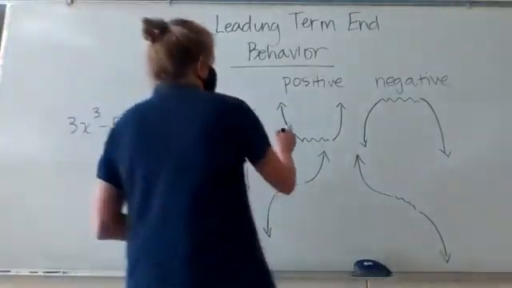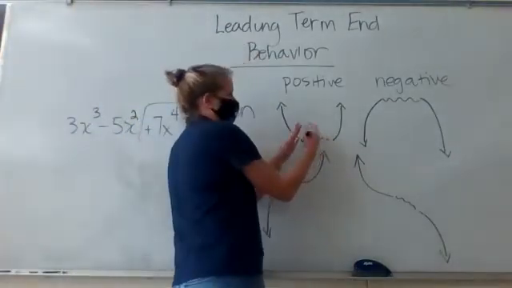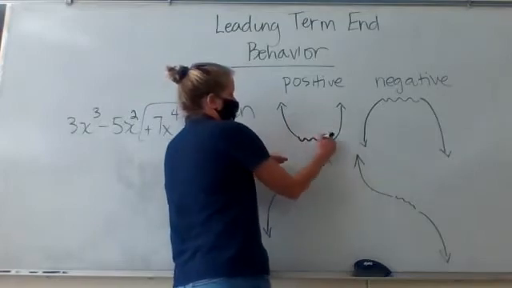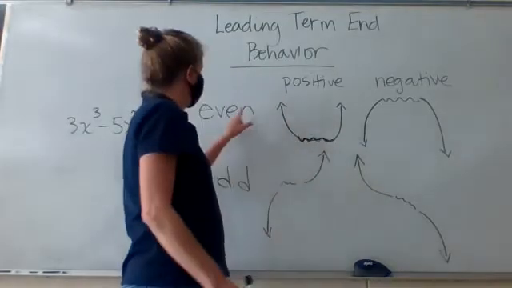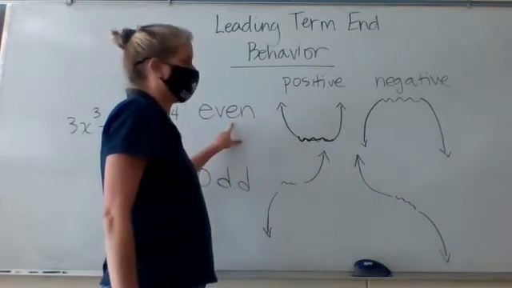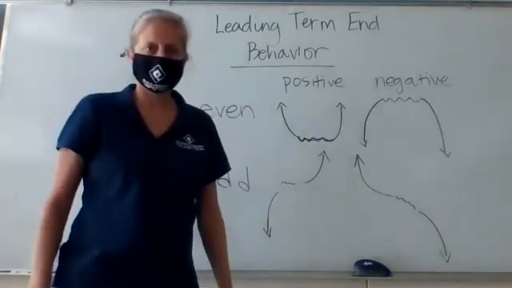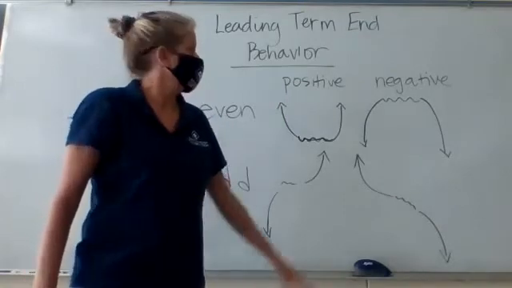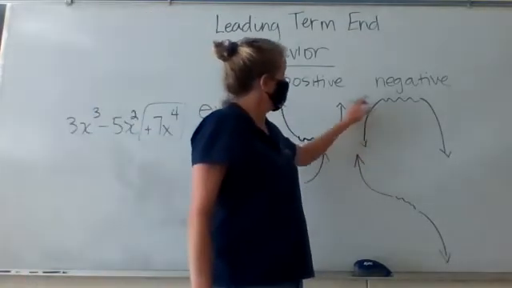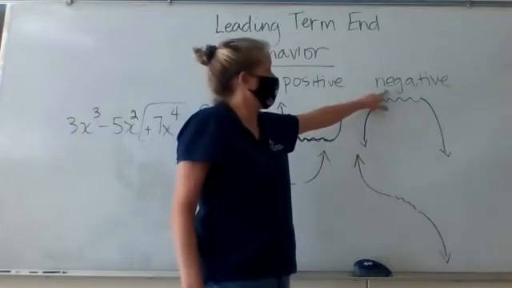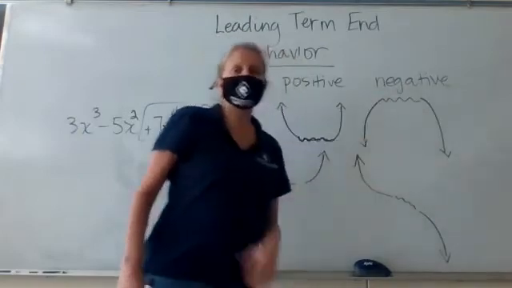It does not determine what happens in the middle of your graph. So that's what these little squiggles mean. If your exponent is even, but your sign is negative, that means you're going to be going down.